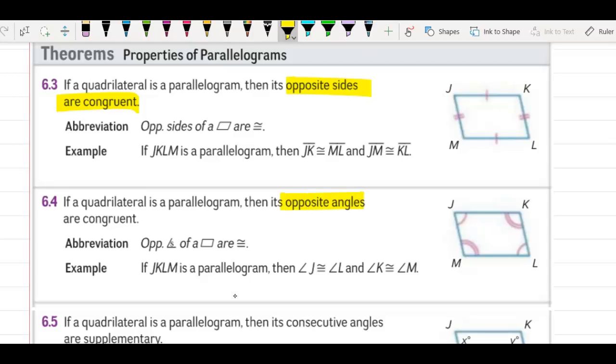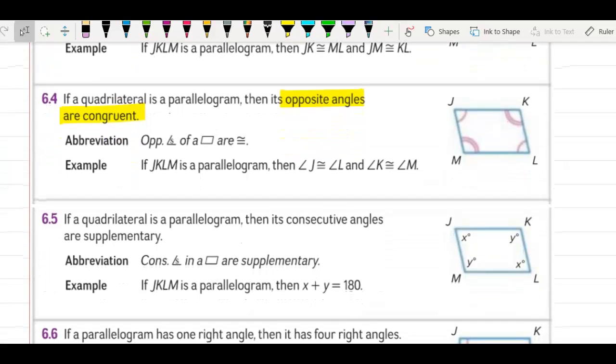Also, the opposite angles are congruent. So when you go all the way across the parallelogram, M and K would be the same, J and L would be the same. Consecutive angles, remember if things are consecutive, they're right next to each other.